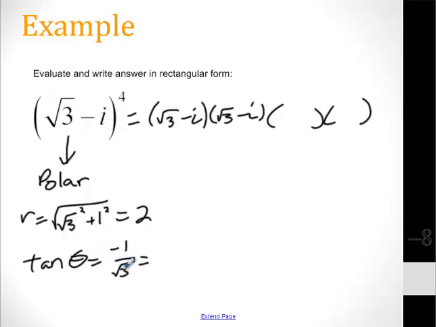If you plug that into your calculator, you're going to get the second quadrant and the fourth quadrant. We want the fourth quadrant because this is positive. We're going to the right and down, and that's going to be at 330 degrees. So at 330 degrees, we have the angle, so we have 2 cis 330.